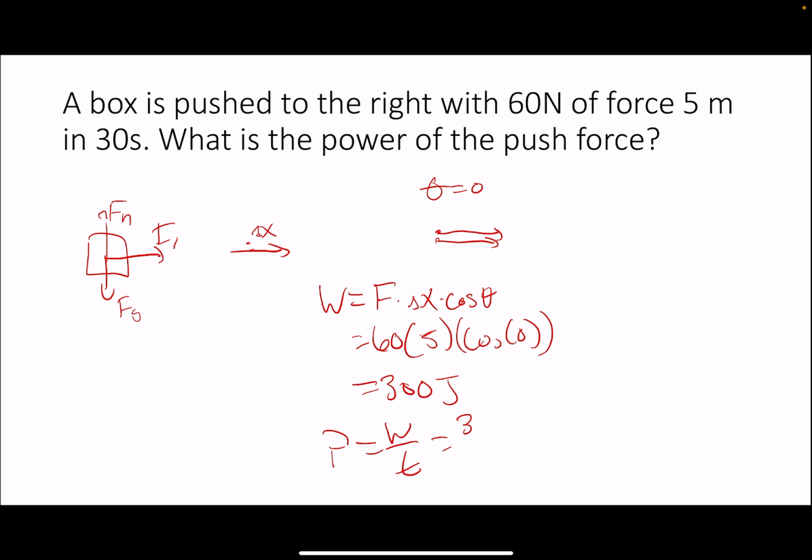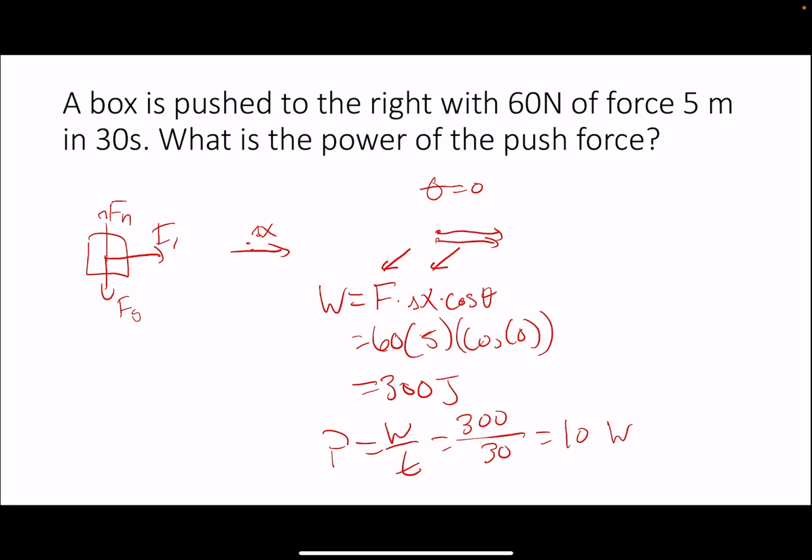All we have to do is plug in work over our time, which is 30 seconds, and we get 10 watts. Pretty simple. The hard part here is really finding the work. Or if we're going backwards, you need to know that we can use a given power and time to solve for work, and then we can use that work going backwards to maybe find the force or displacement, assuming we're given everything else.